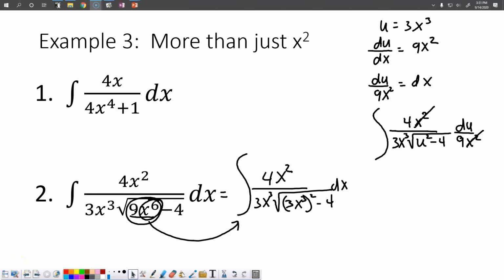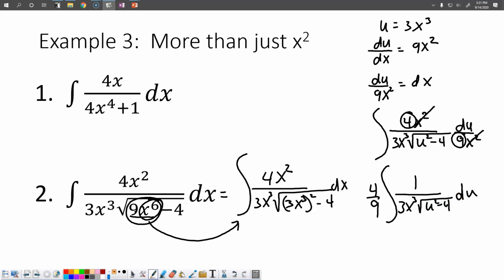And so now we have the following. I'm going to take the 4 and the 9 out because those are just constants, so we can pull those out. And now I've got 1 on the top over 3x cubed times the square root of u squared minus 4. Now you guys might notice something though.